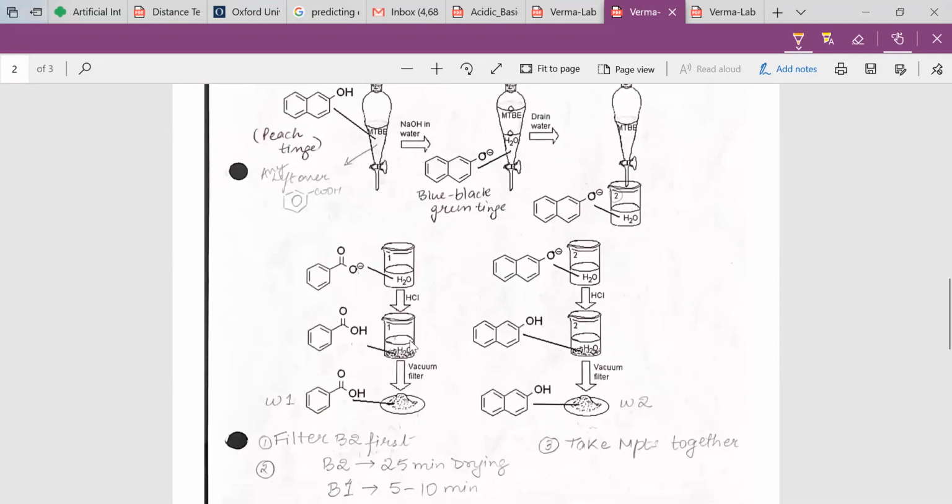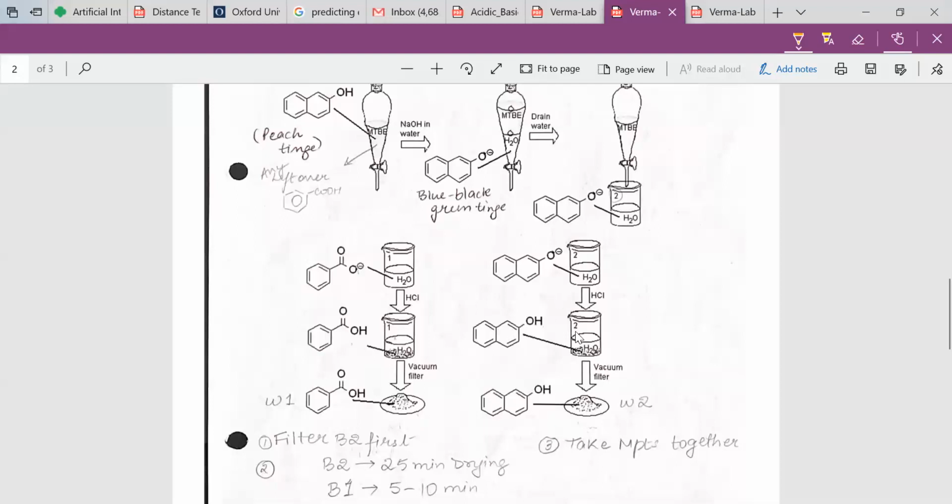Both of these beakers will be treated separately with concentrated HCl. You will add a few drops of hydrochloric acid to protonate the anion.